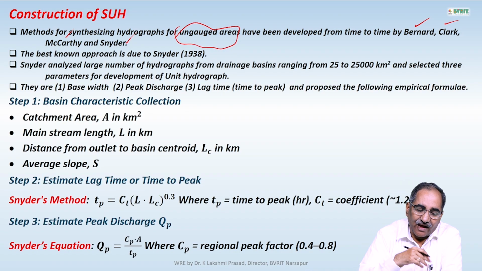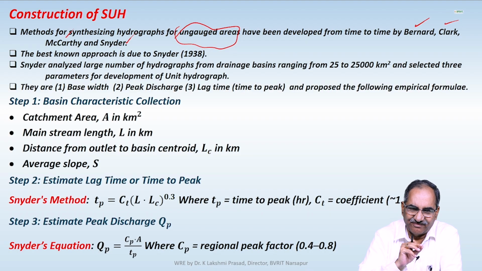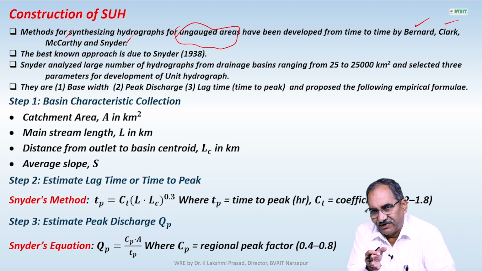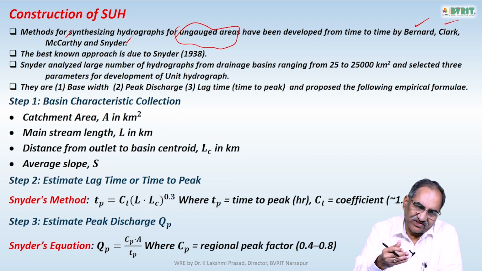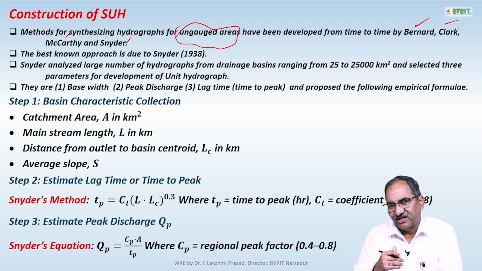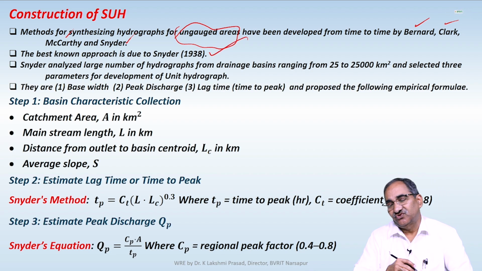What we will follow in this particular class is the Snyder method, which is a simpler and more rational method, so we took it for our regular study. The best approach is due to Snyder.